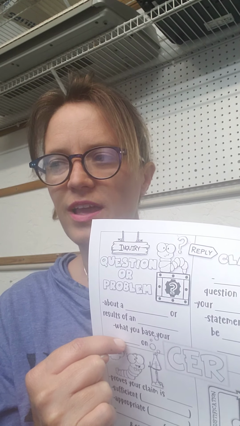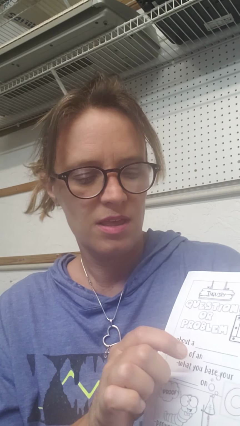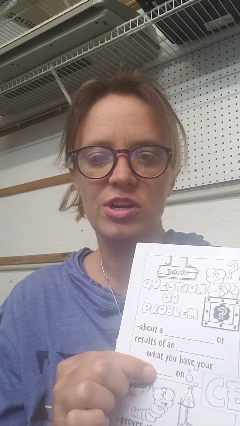So the first thing is a claim is about a phenomenon or results of an investigation, what you base your claim on. So the first blank is phenomenon, or the results of an investigation, and it's what you base your claim on.